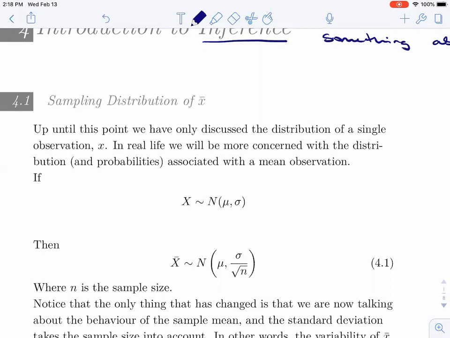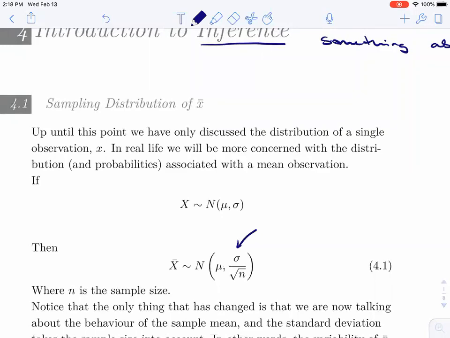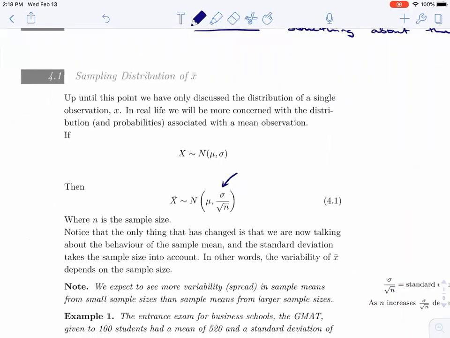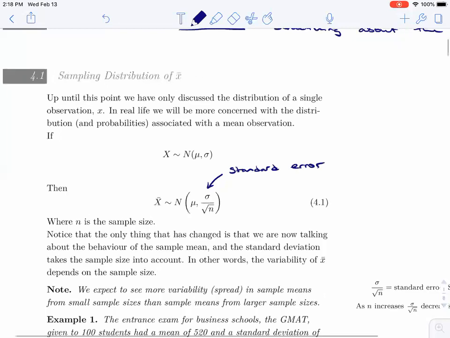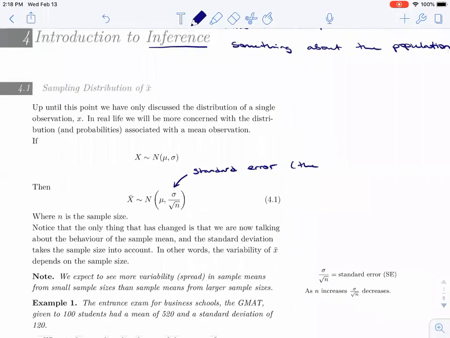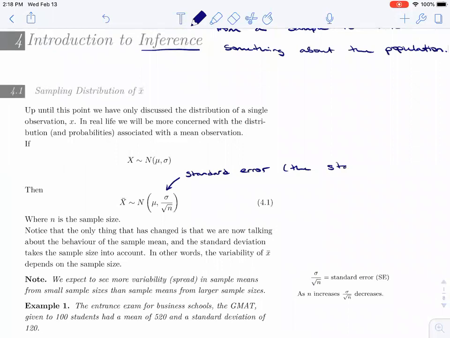Okay, let's make a note here. Sigma over root n. This is the standard error. I'll put in brackets the standard deviation of x bar.